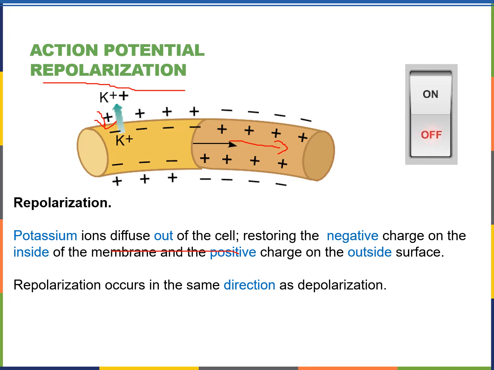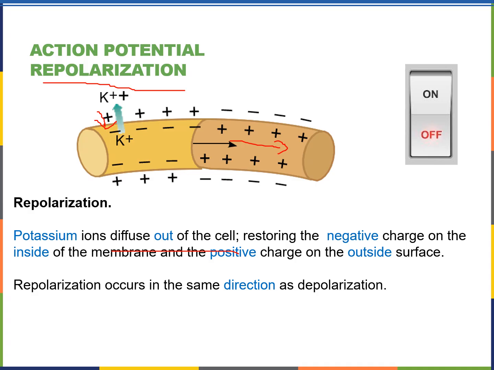So what you see here is that the action potential does not happen like you switch on a switch and the entire axon just lights up and changes in charges occur along the length all at once. That's not what happens. There's this traveling of the action potential.